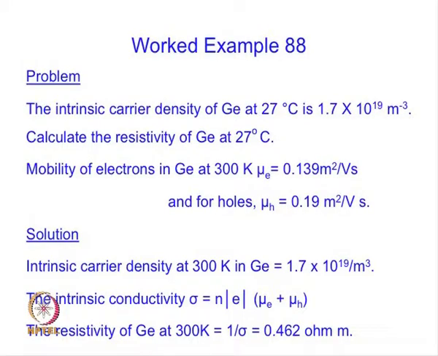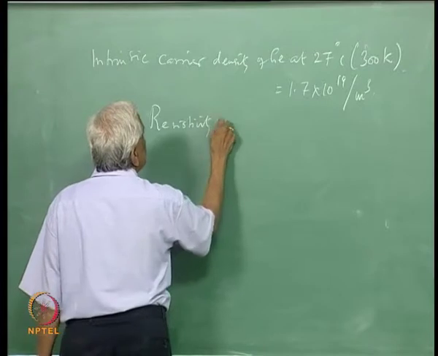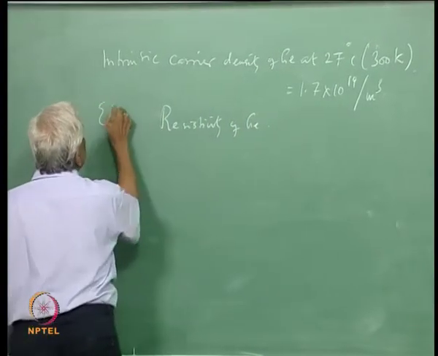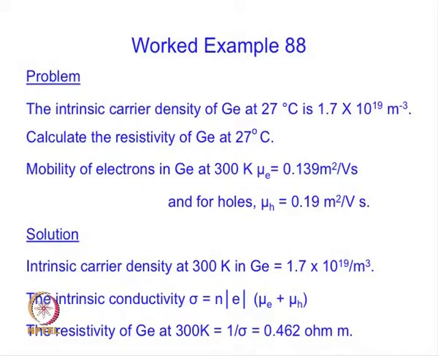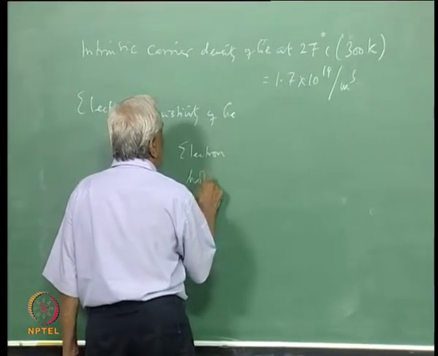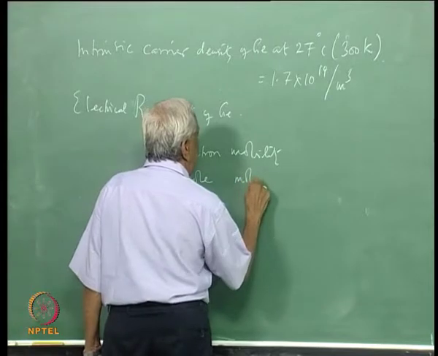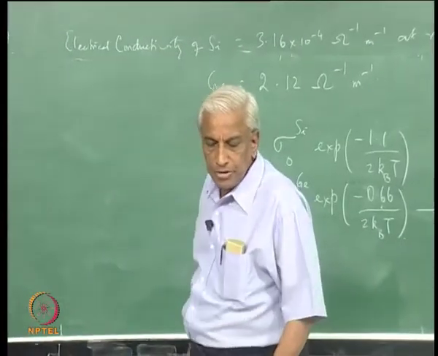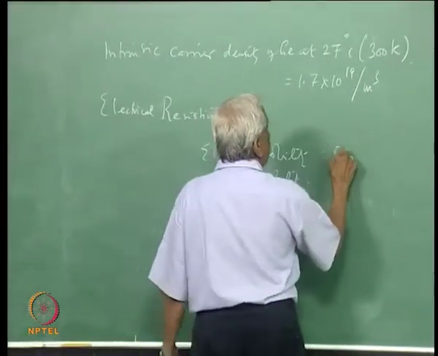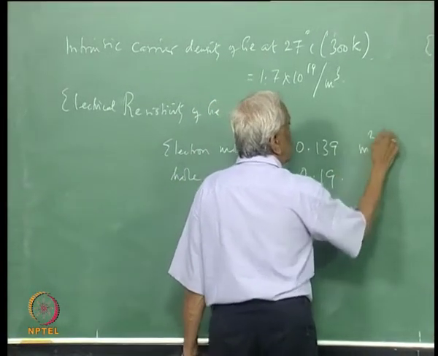So, we are asked to calculate the resistivity, of course, electrical resistivity. We are given electron and hole mobilities for germanium, given at this temperature as 0.139 and 0.19 meter square per volt second.